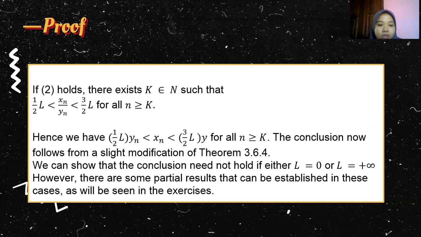Then the conclusion now follows from a slight modification of theorem 3.6.4. We can show that the conclusion need not hold if either L = 0 or L = +∞. However, there are some partial results that can be established in these cases, as we will see in the exercises.